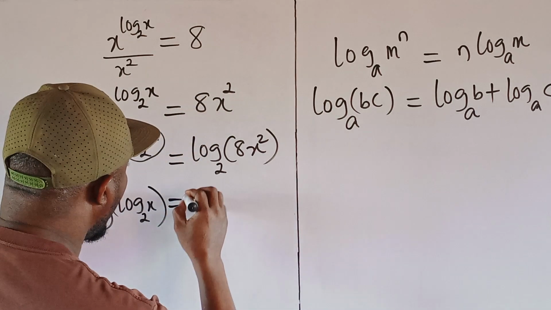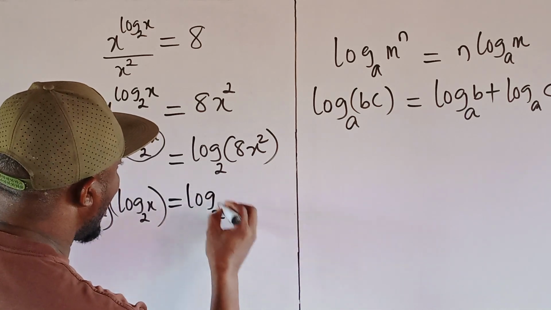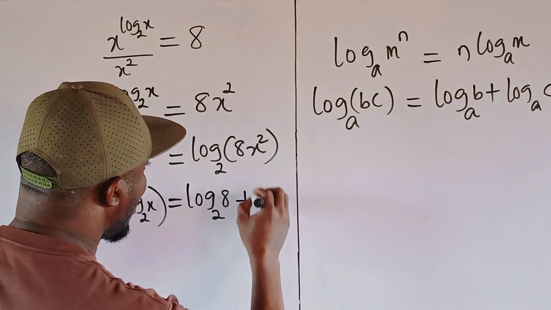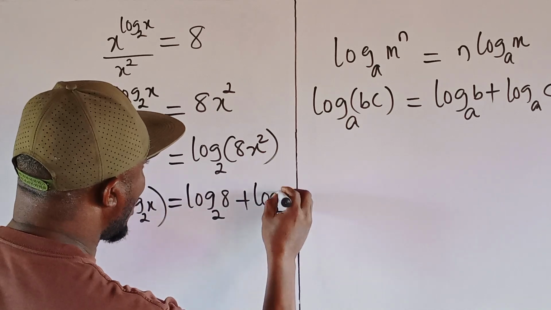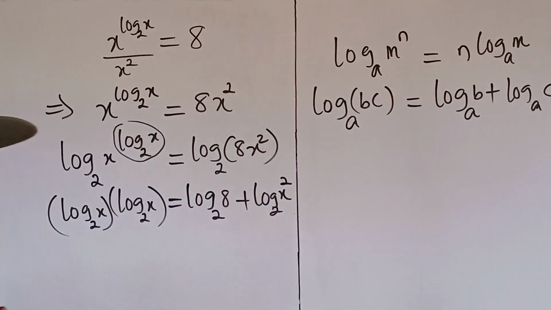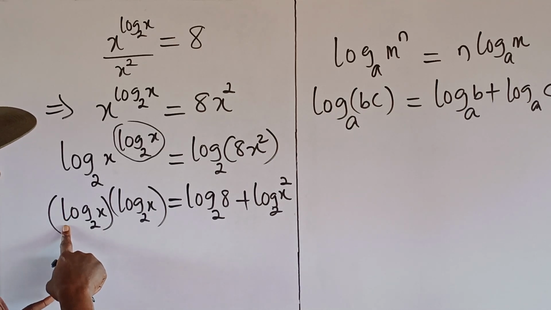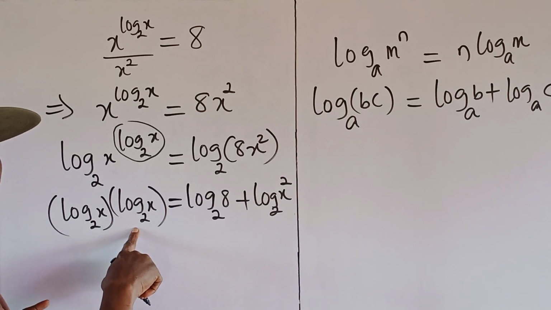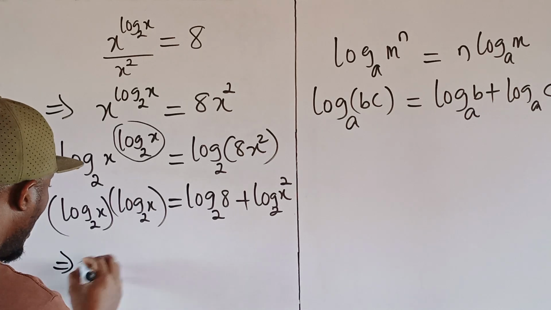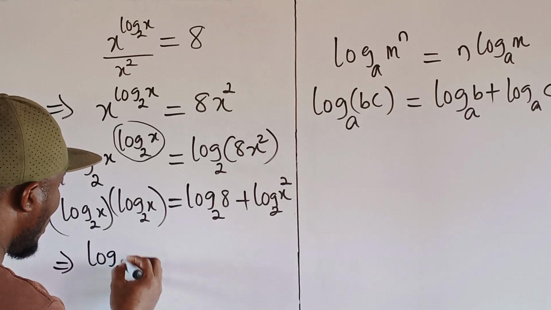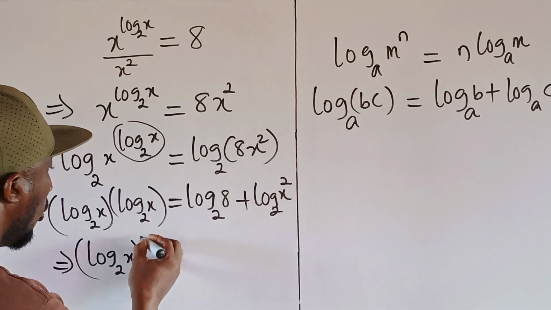You are going to be having log to base 2 of the argument 8 plus log to base 2 of the argument s squared. So on the left side, log to base 2 of the argument x multiply log to base 2 of the argument x will give us log to base 2 of the argument x whole squared.